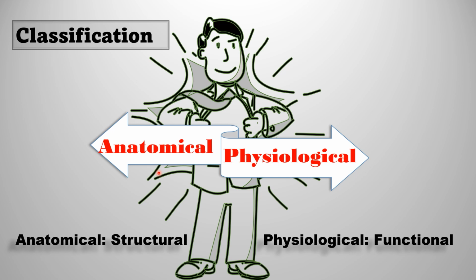The first one is based on its anatomical or structural characteristics. We say anatomical, that means structural. And the second is based on its physiological or functional characteristics. And this gives us two types of classification. We are going to talk more about them in the next slide.